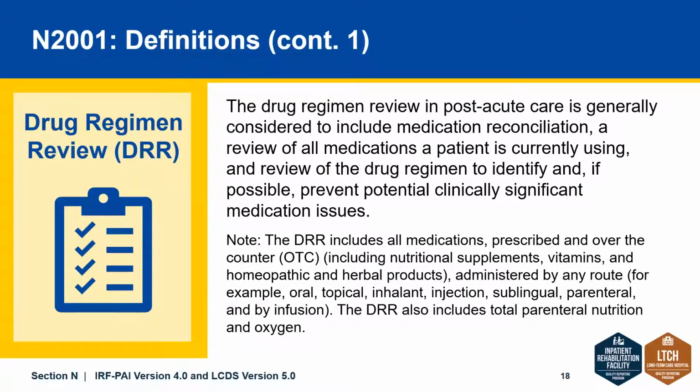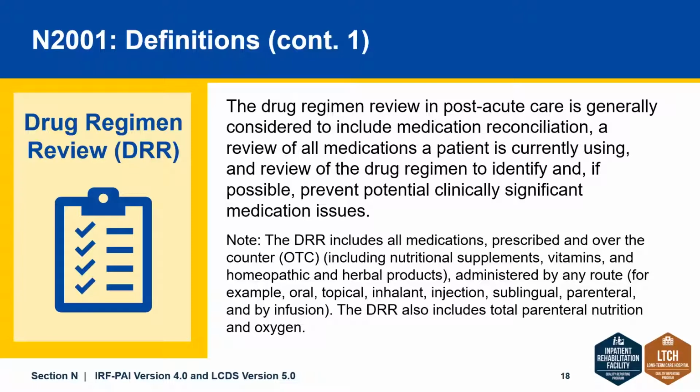Most of you are familiar with drug regimen review. In post-acute care, the DRR is generally considered to include medication reconciliation, a review of all medications a patient is currently using, and review of the drug regimen to identify and, if possible, prevent potentially clinically significant medication issues.